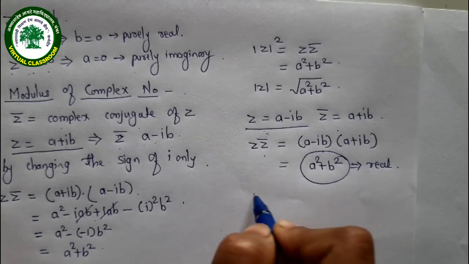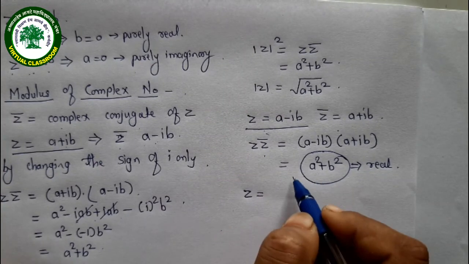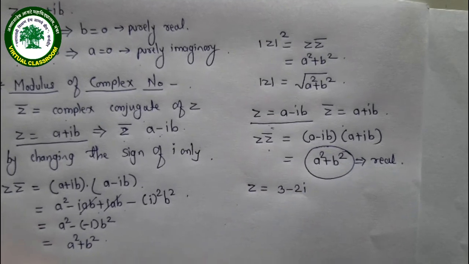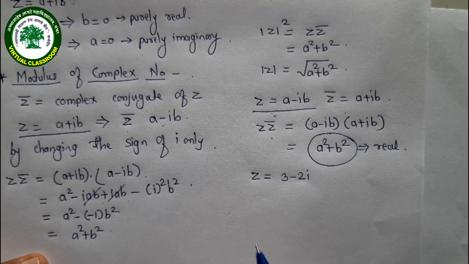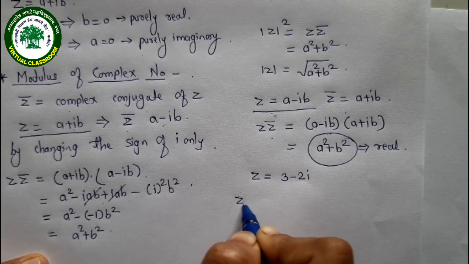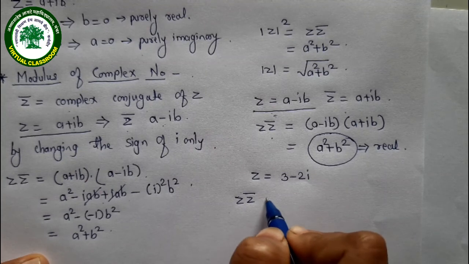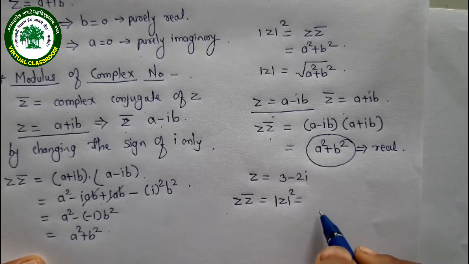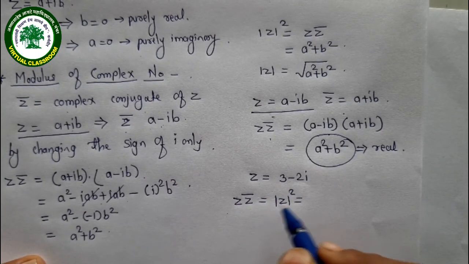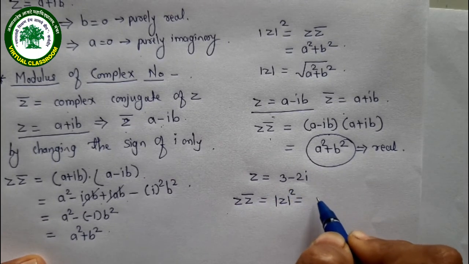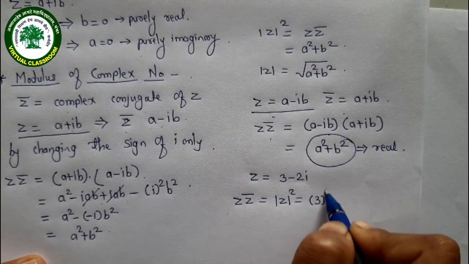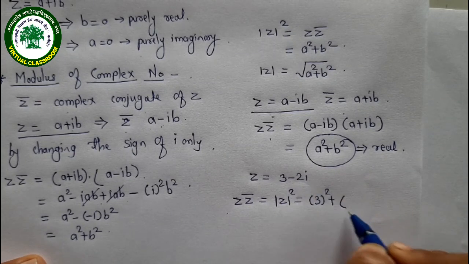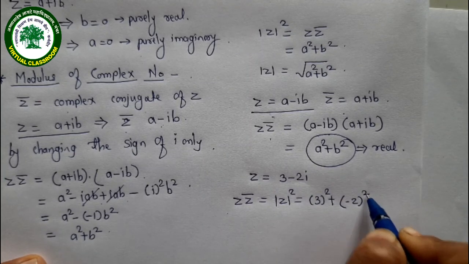As an example, consider z equal to 3 minus 2i. In order to get the modulus of this complex number, we do z into z bar, which can be rewritten as mod z squared. If we substitute the values of z and z bar, we get a squared plus b squared, where a is 3 and b is 2, or with the negative sign minus 2 squared.